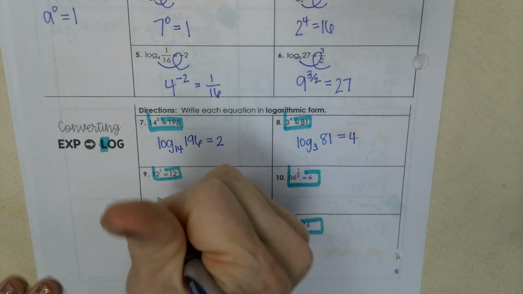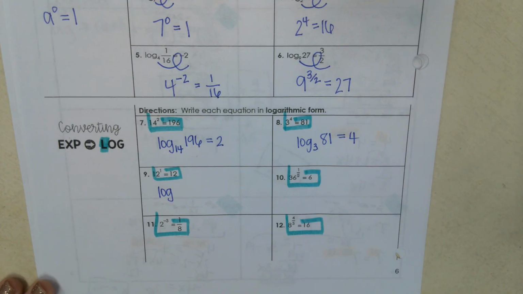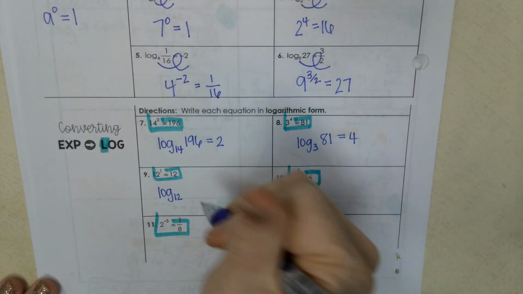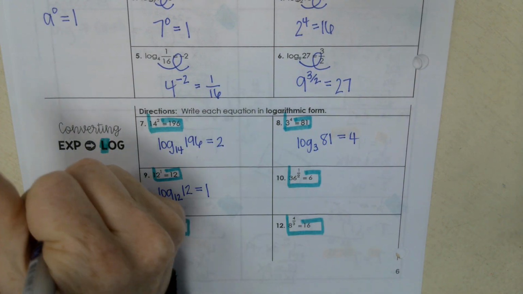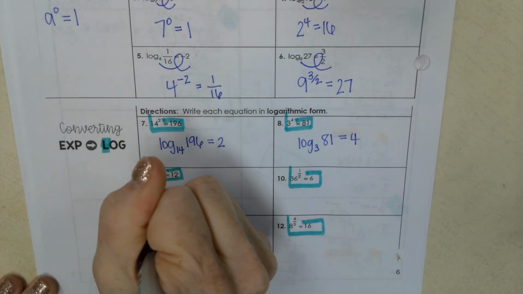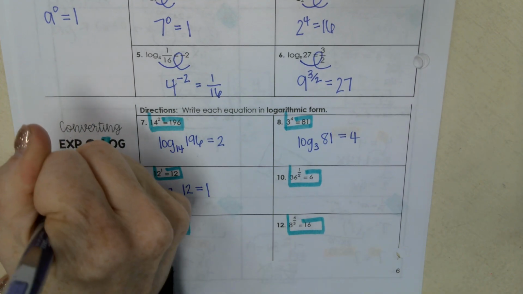What would this next one be? We'll start with a log. Log base 12 of 12 equals 1. Now, this is another property that I want to make sure that I know. This is a special property of logarithms.